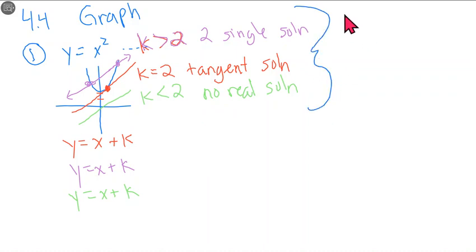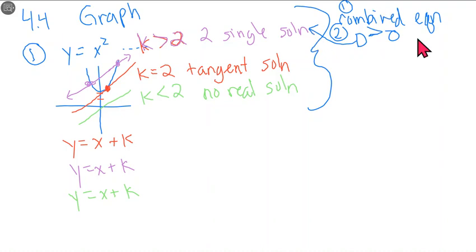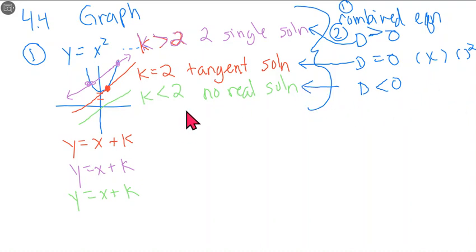Now, we also talked about how to do this algebraically. This means first you have to substitute or eliminate. Your combined equation would have a discriminant that is more than 0. That's how you get 2 single solutions. What if your discriminant is 0? That's how you get a repeated solution. That's that same factor twice, or your perfect square trinomial. But what if your discriminant is less than 0? That's how you get imaginary or no real solutions.